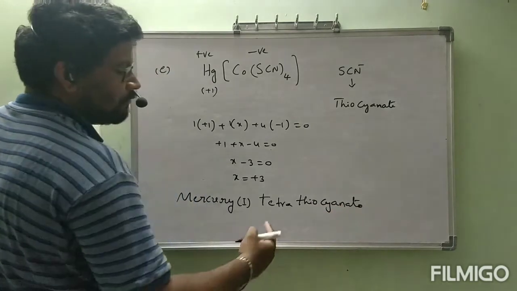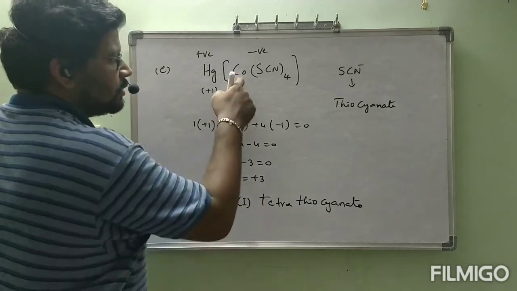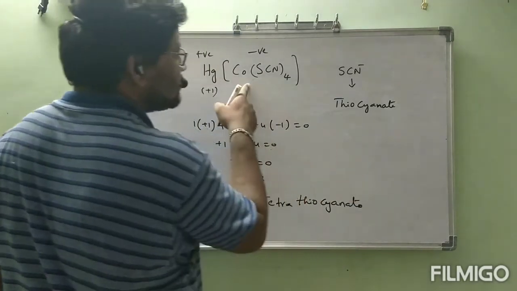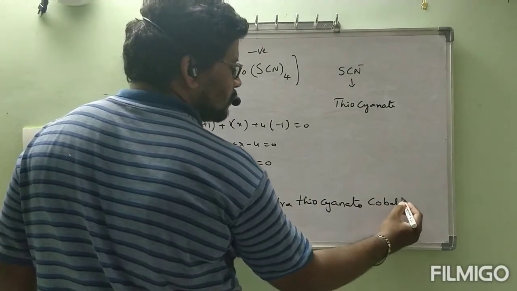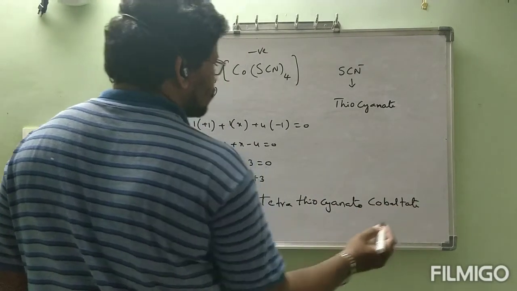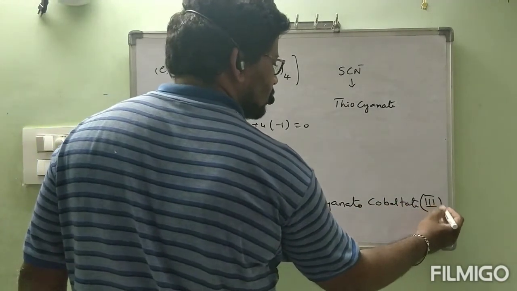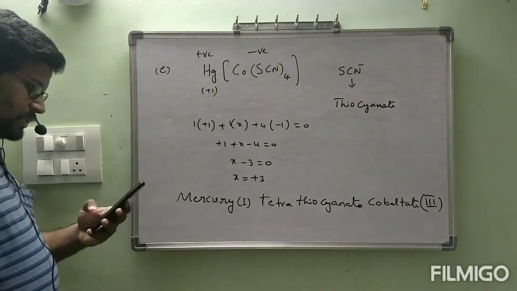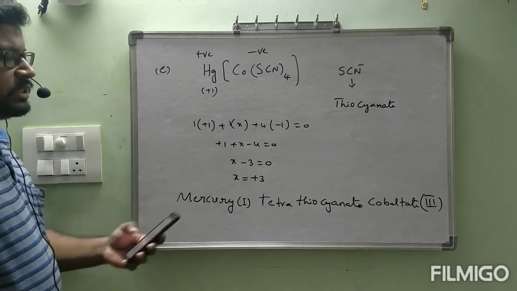Thiocyanato, 4 thiocyanates are there, so tetrathiocyanato, cobalt. This is present in the negative complex, so cobaltate. In bracket +3 means Roman numeral III. Now see the name: mercury(I) tetrathiocyanatocobaltate(III). This is the name.